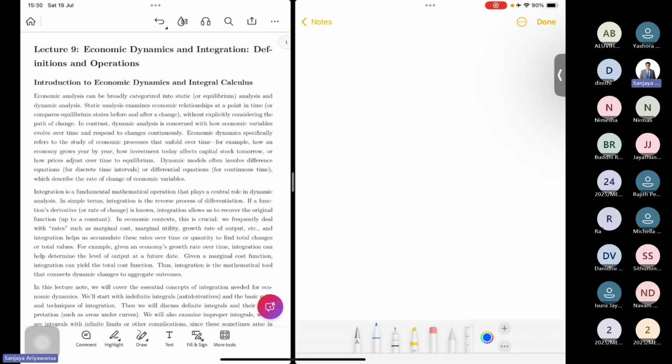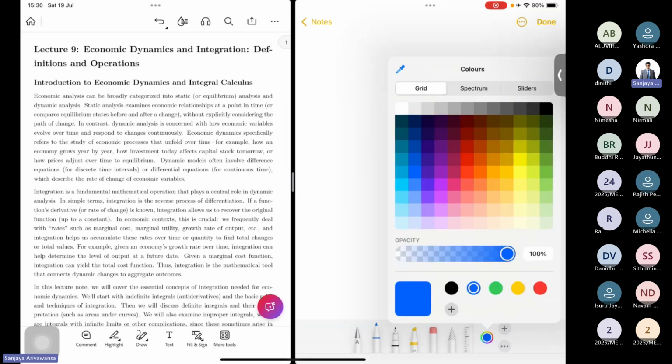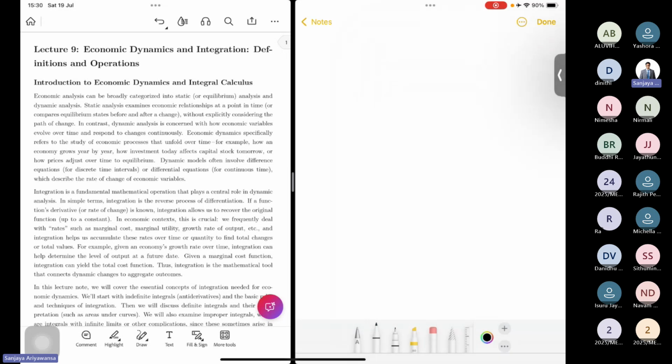So here we are talking about economic dynamics and integral calculus. If you read this, what I'm saying here is we have two kinds of economic analysis. One is static analysis, that is your usual equilibrium analysis, demand equals supply or whatever the market equilibriums that you study. And then you have dynamic analysis, right?